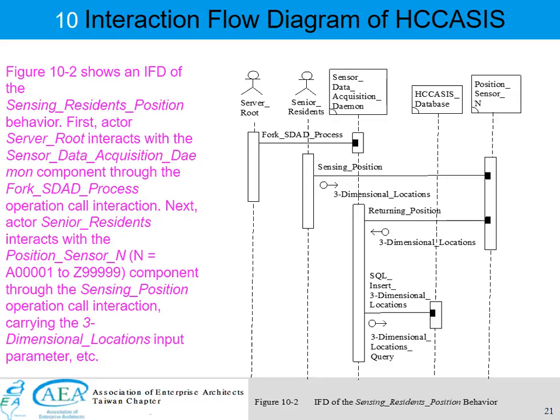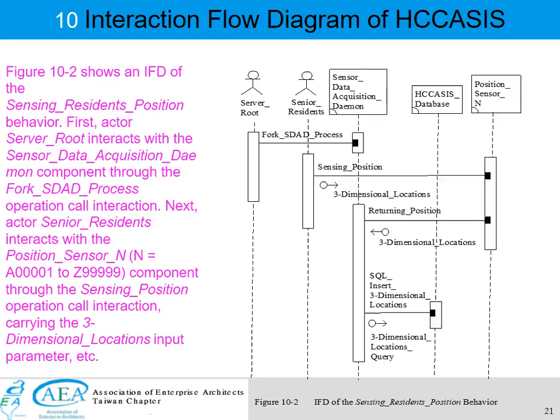Figure 10-2 shows an IFD of the sensing resident position behavior. In this IFD, there are four interactions. The first interaction is between the server root actor and the sensor data acquisition daemon component.